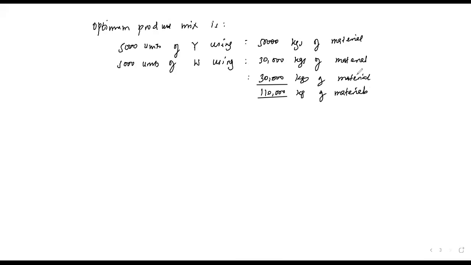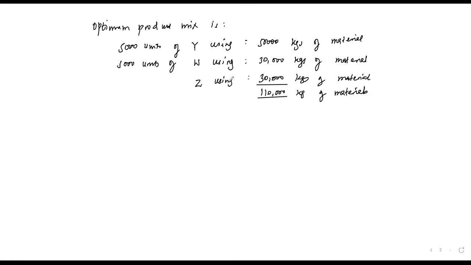And now we have to use these to produce the next product in ranking, and that is product Z. Of course, the maximum sales demand is 5,000. That's according to the question. Each unit of product Z requires 12 kilograms of the material.